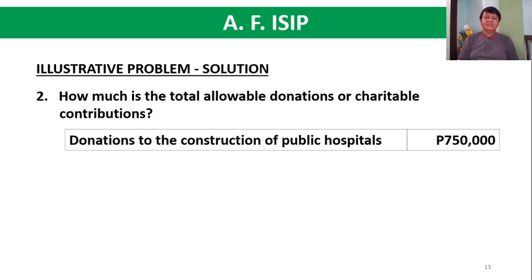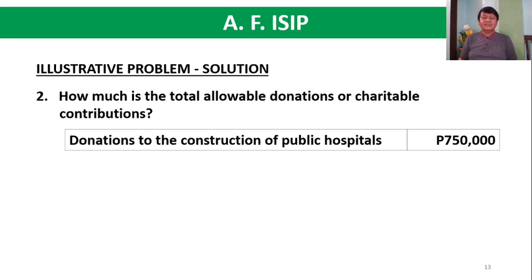What is the second donation? The second donation is the one that you donated to Lingap Pangkabataan Incorporated. And according to the problem, Lingap Pangkabataan is not accredited by the Bureau of Internal Revenue. So let's compute for the limit of charitable contributions for Lingap Pangkabataan Incorporated.